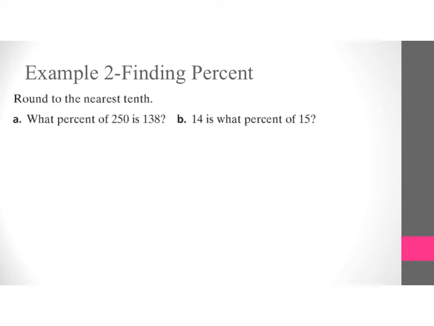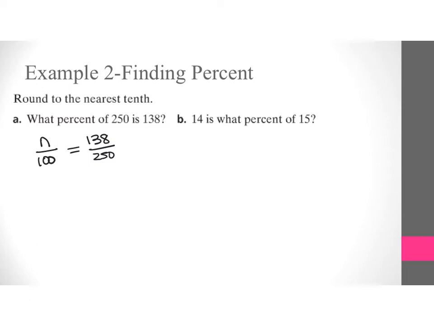Now for example 2, we're going to actually find the percentage. So it says, what percent of 250 is 138? So in this case, what we know is we're trying to find the percentage, or let's call it n. So what number over 100 is going to equal 138, or my part, over 250, which is my whole?